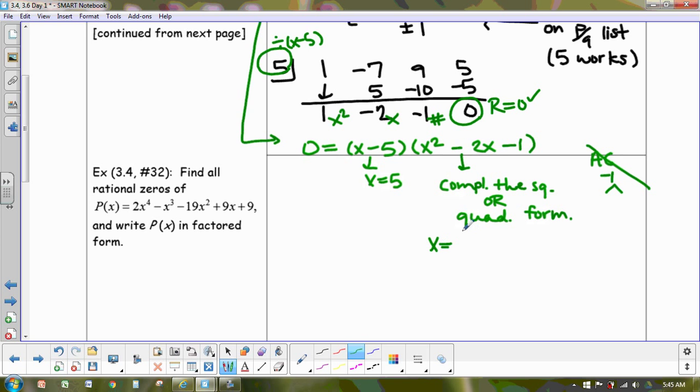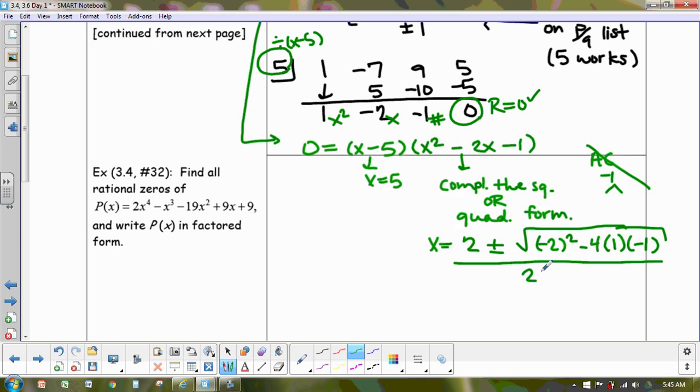So the quadratic formula on that would be x equals negative b, so positive 2, plus or minus the square root of b squared, so negative 2, quantity squared, minus 4 times a, which is 1, times c, which is negative 1, all over 2a, which is 1.